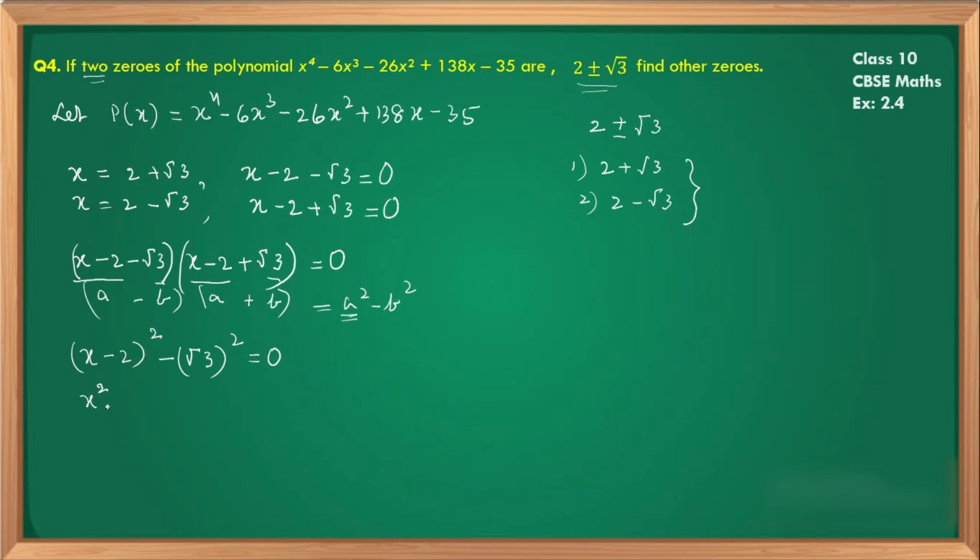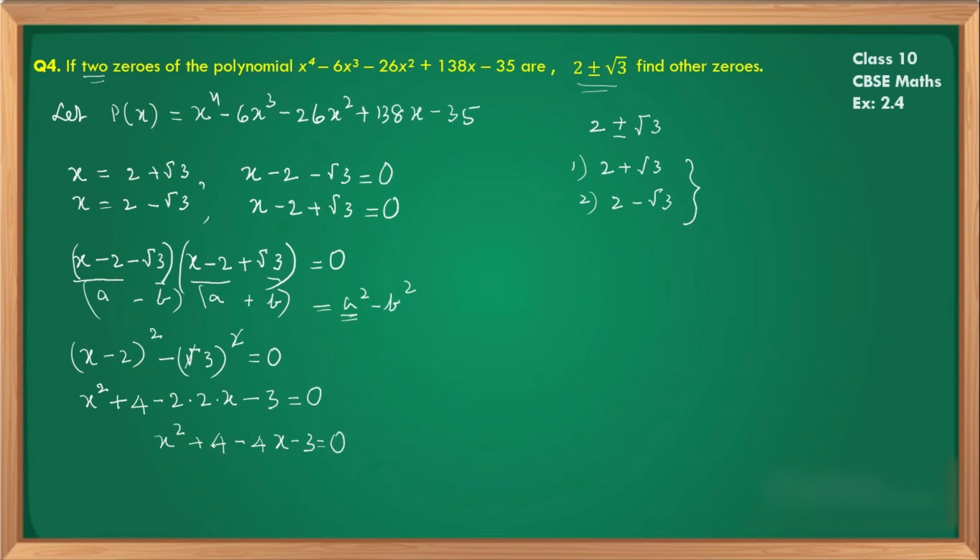A square, that is x square, plus 2 square is 4, minus 2ab, 2 into 2 into x, minus root 3 square goes with the root, you get 3, and that is equal to 0. Now you can simplify. x square plus 4, 2 into 2 gives you minus 4x minus 3, that is equal to 0.